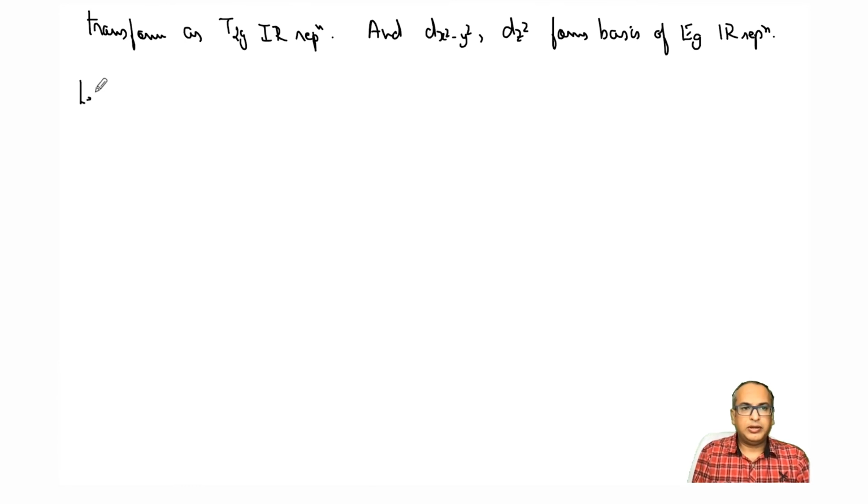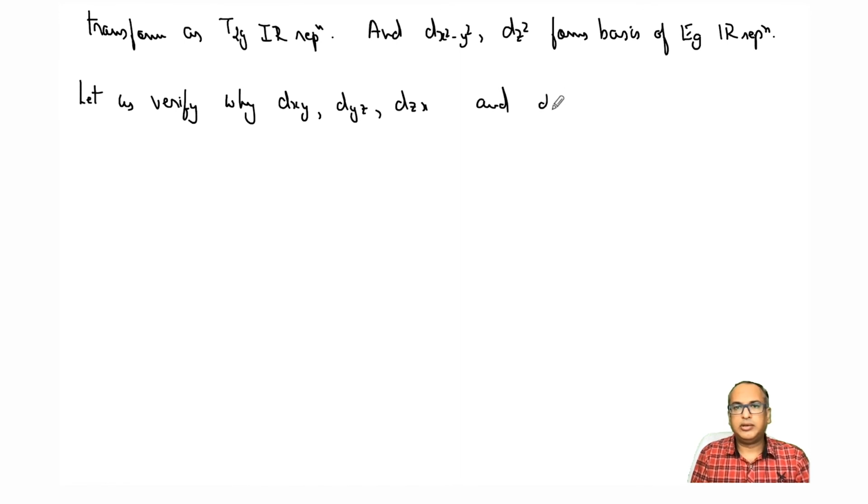So let us verify why dxy, dyz, dzx pair together, and dx square minus y square, dz square pair together. So this can be easily verified.